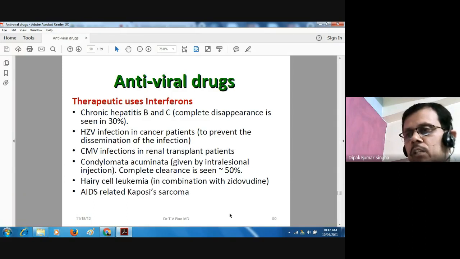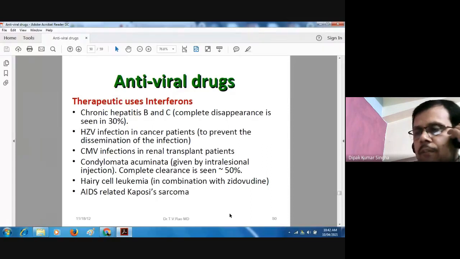Next, the therapeutic uses of interferons. Chronic hepatitis B and C. B is very fatal. It is an infective hepatitis and life threatening, and C is also life threatening. In that case, interferon is a very useful drug. Also HZV infection in cancer patients, which prevents the disease, and CMV, cytomegalovirus infection in renal transplant patients; interferon is very useful.